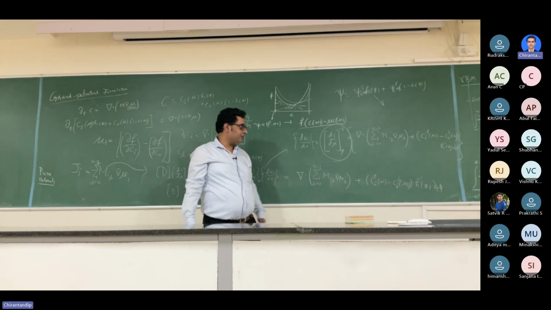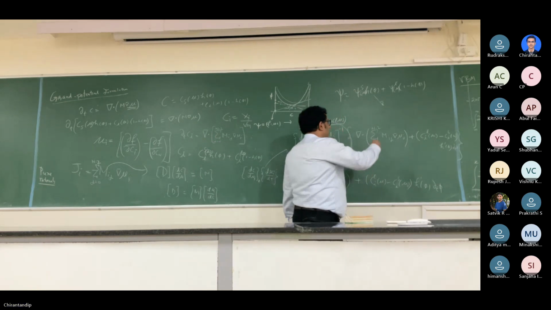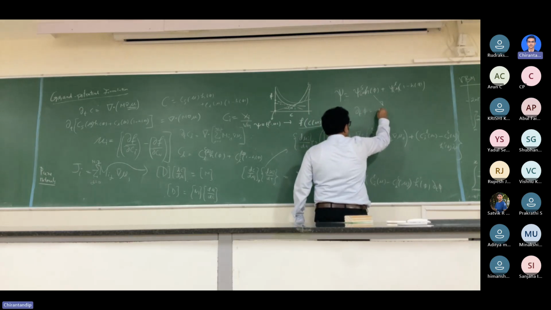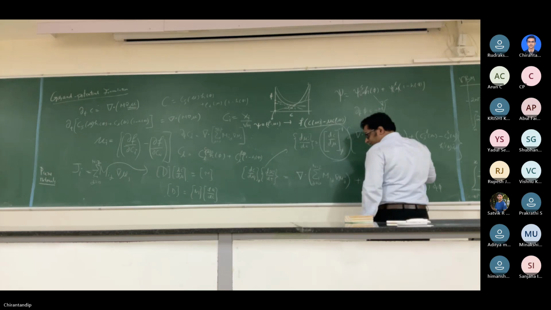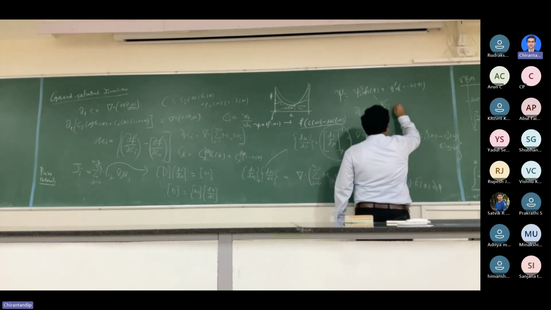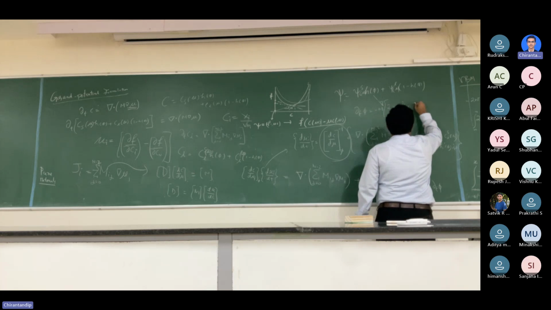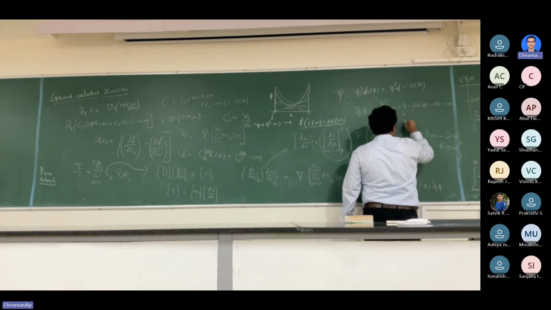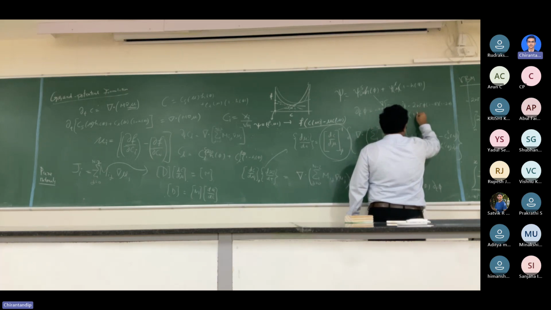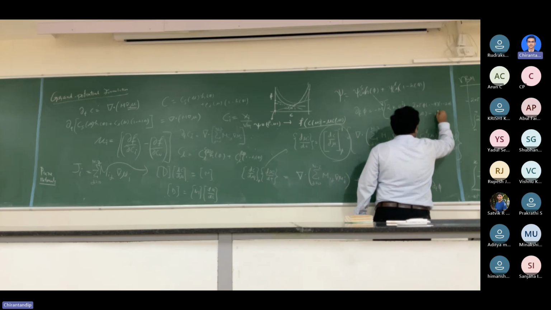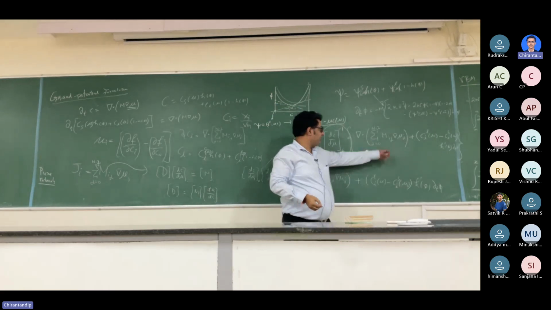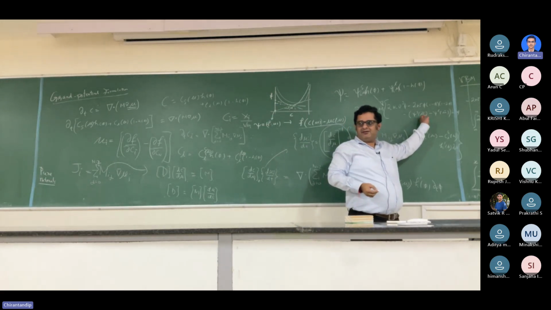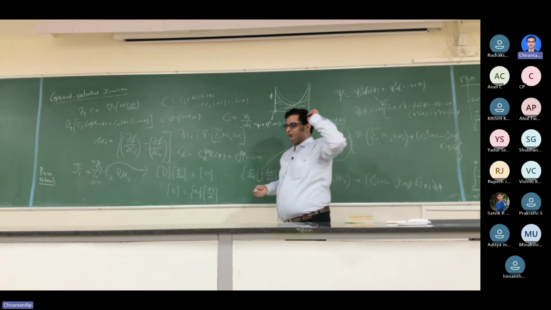The phase field equation will essentially look very similar to what the matrix looks like. So this form remains exactly the same, except that now this is a function of all the chemical potentials, all the diffusion potentials or effective chemical potentials.